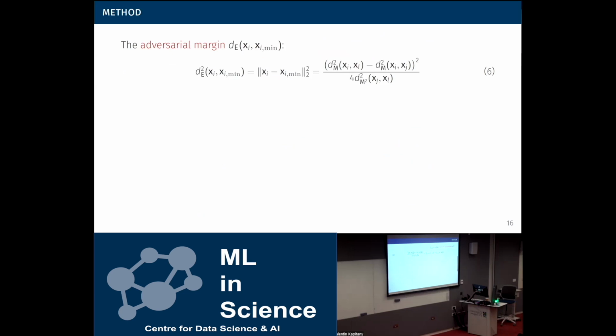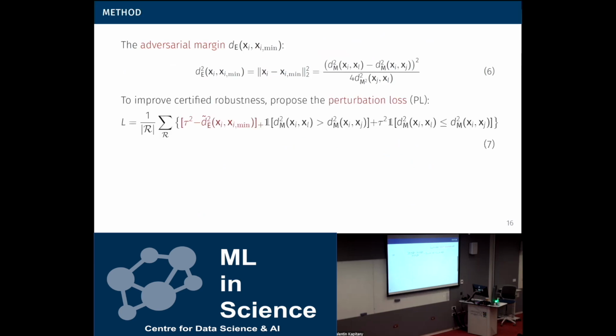And next, now that we have found this margin, we want our model to be robust. That means we want this margin to be as large as possible. If this margin is large, then any point within this circle is not going to be affected. So we just use a perturbation loss, but the main part in this loss function is simply the hinge loss. What that means is we want our margin to be larger than a value.